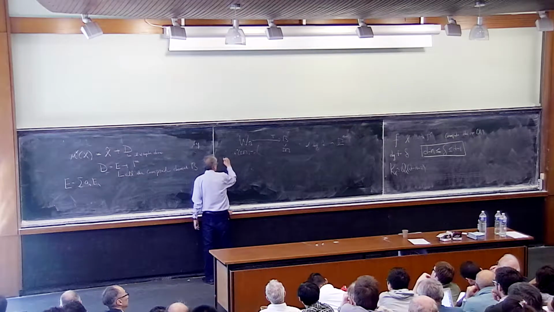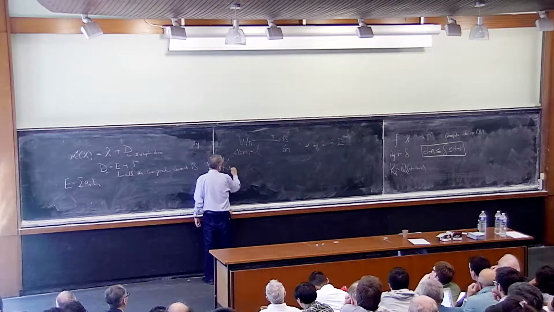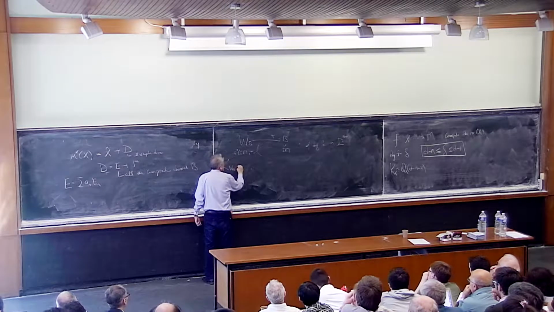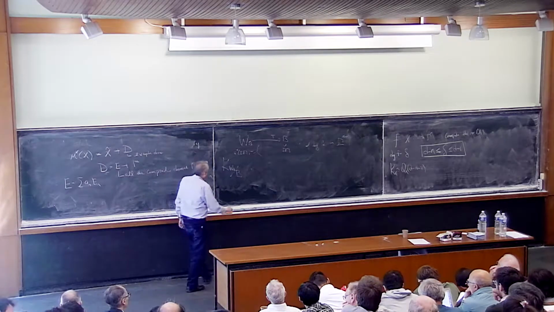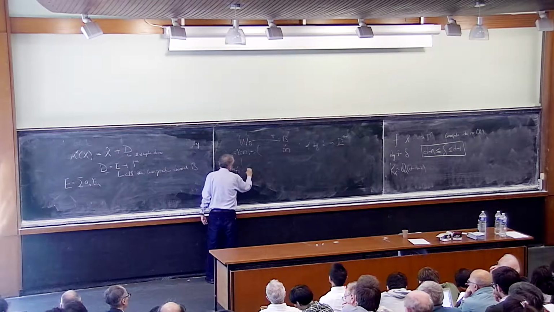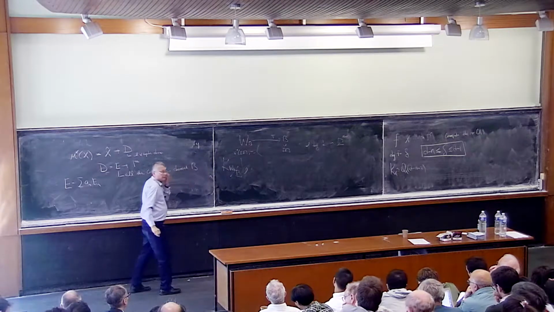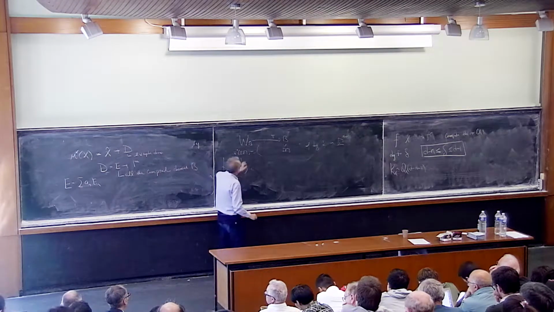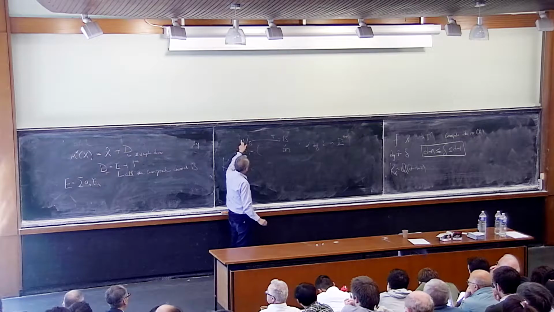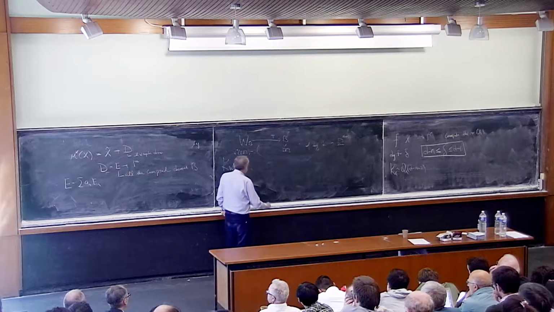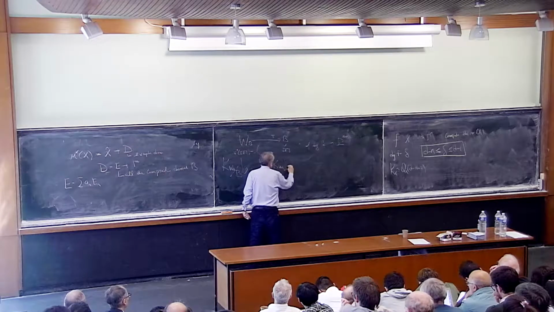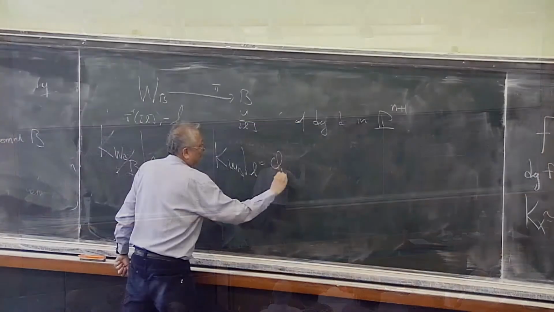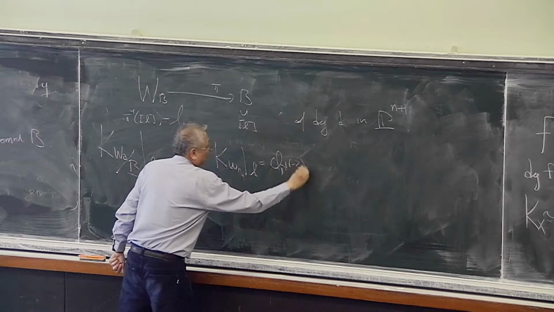And now I want to compute the relative canonical divisor. That's where the discrepancy comes from. And I want to restrict this to the line. Well, the normal bundle of this line in W is trivial, so the canonical bundle restricted to the line is just O_P1(-2) by the adjunction formula.